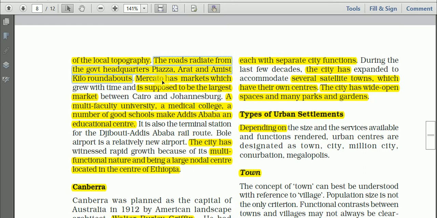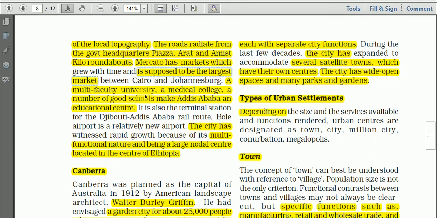Then Merkato has markets, and it is supposed to be the largest market in this area. That means Merkato is the largest marketplace in Addis Ababa. This is another important feature.